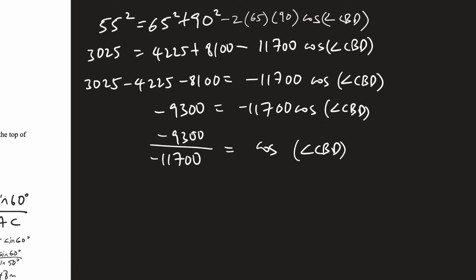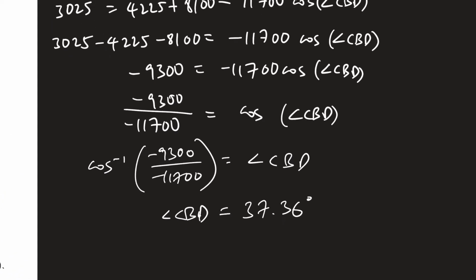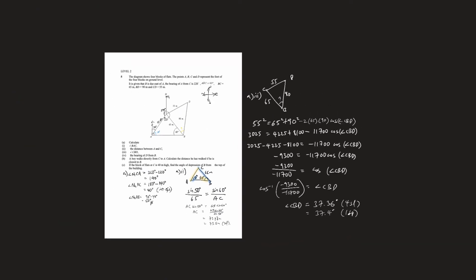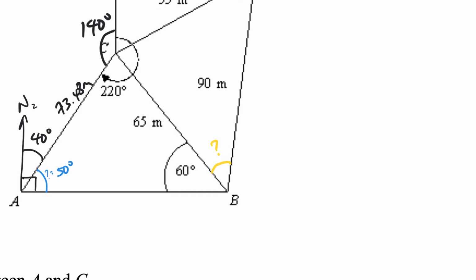Okay, and so angle CBD is therefore cosine inverse of this. And therefore it is 37.36 degrees if it was 4 SF, or if I put 1 dp for degrees, as we usually do, 37.4. Right, so let's write that in. This is actually 37.4 degrees.